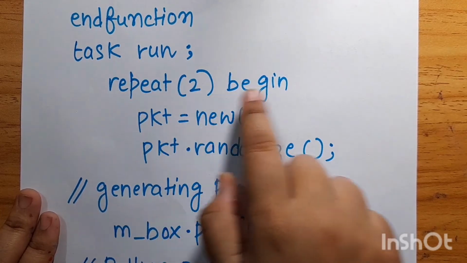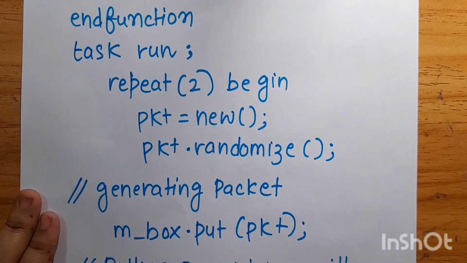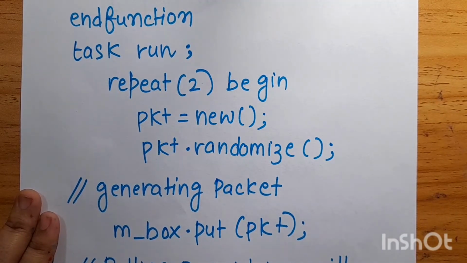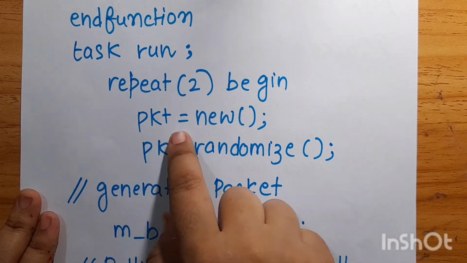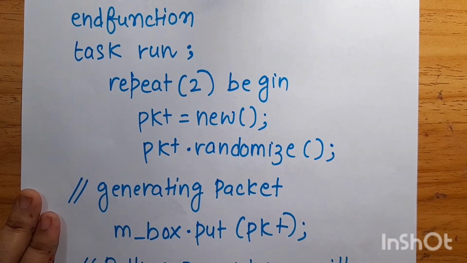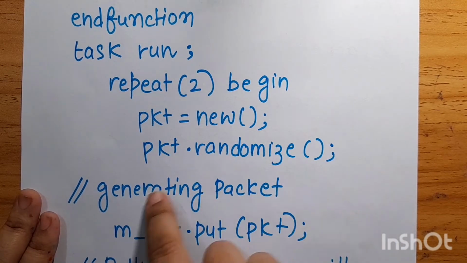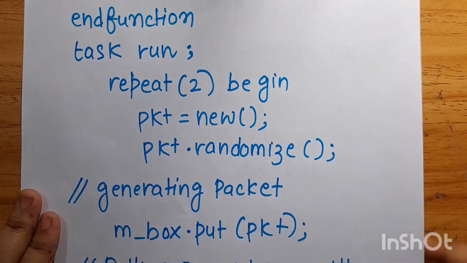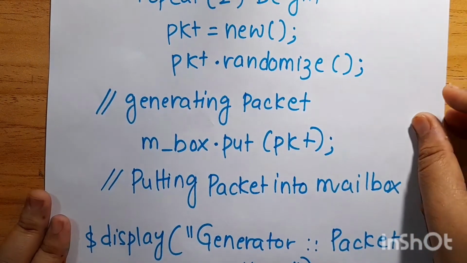So repeat(2) begin, which means whatever is inside the begin and end statements will be repeated 2 times. Packet pkt is equal to new; and pkt.randomize; so the packet is generated and randomized. Once the packet is randomized, the post_randomize function will be called and the content will be displayed.